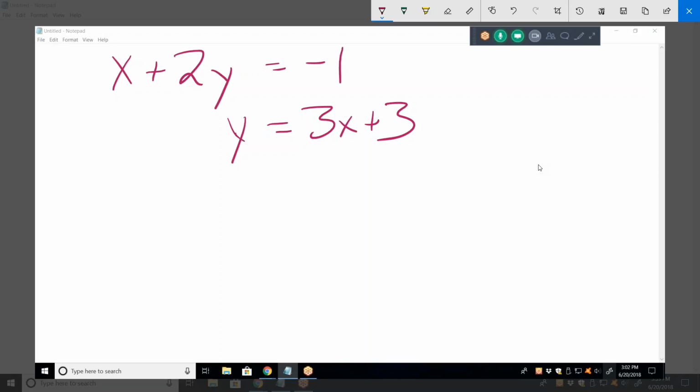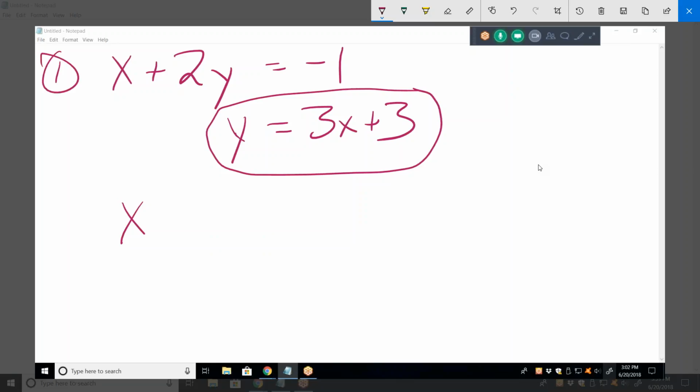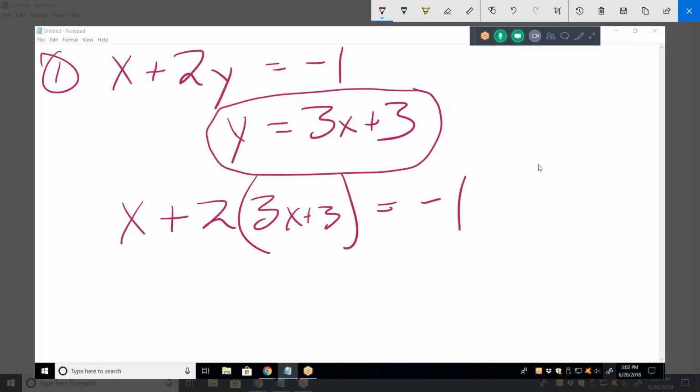Elimination only works really well if they're both in standard format, and these are not. In other words, I would have to manipulate that equation to get it into standard format. I'd have to move the 3x onto the other side, which I could do easily enough, but notice how easy it is to do by substitution. I go into equation 1, that's x. Well, they're telling me what y is. y is 3x plus 3, so x plus 2 times (3x plus 3) equals -1.